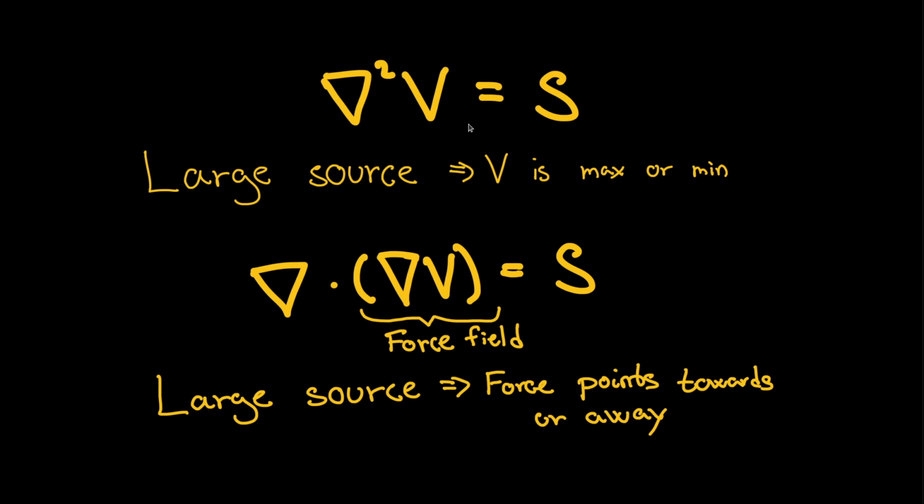There's also electrostatics: if you have electrical charges that are not moving, then this could be the electrical potential energy at any point, and this could be the distribution of charges. This equation also occurs in many other contexts, but those are just two obvious examples.